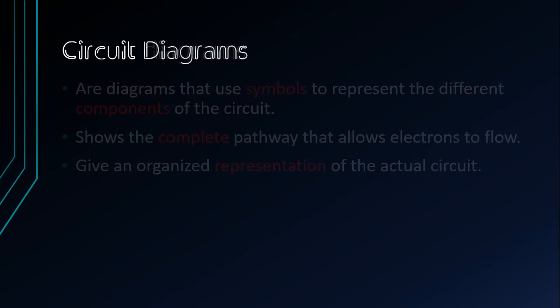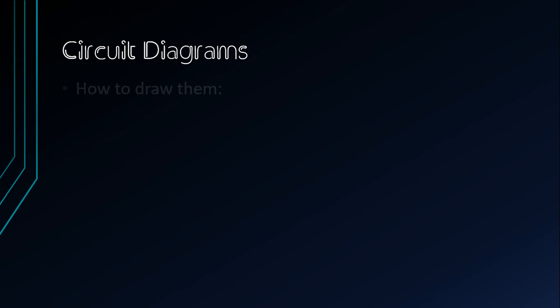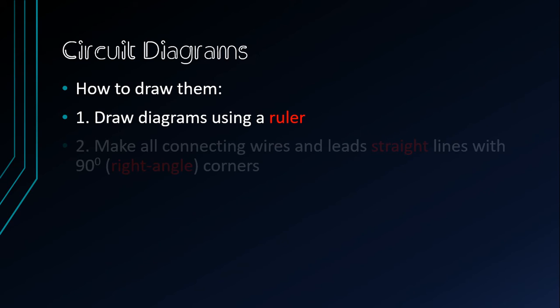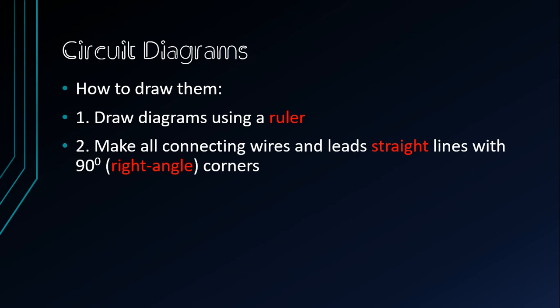Now, how to draw them? The first thing we do is draw them using a ruler, and if you don't have a ruler, a straight edge is fine, but you definitely want something flat to be able to do this. Make all your connecting wires and leads straight lines with right angle or 90-degree corners.